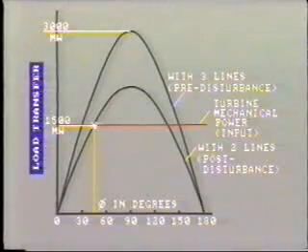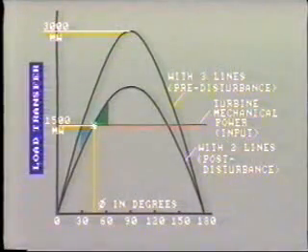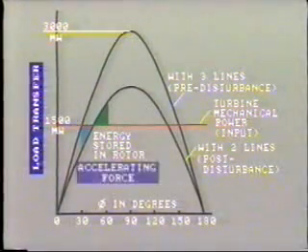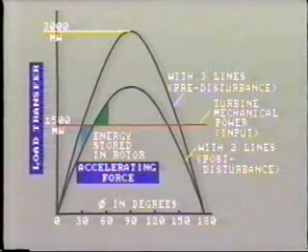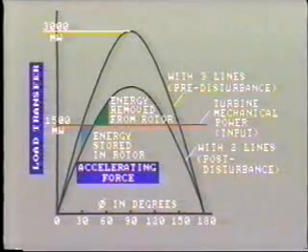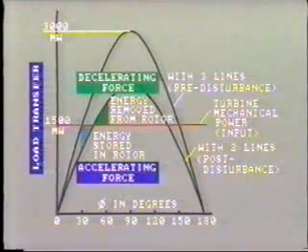If we examine the diagram carefully, we find that this overshoot area above the line is of the same dimension as this area below the line. This lower area represents the energy stored in the rotor, which provides the accelerating force. Conversely, this area above the line represents the energy removed from the rotor as it overshoots, and so provides the decelerating force.